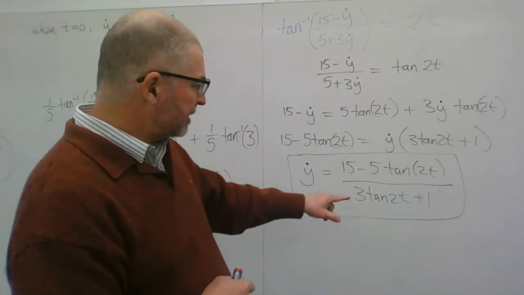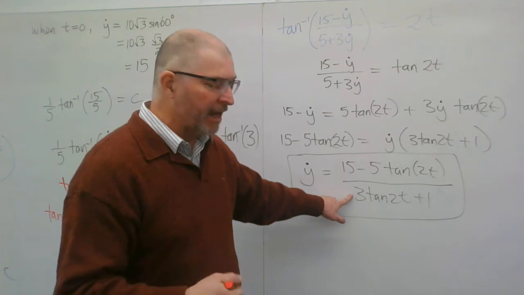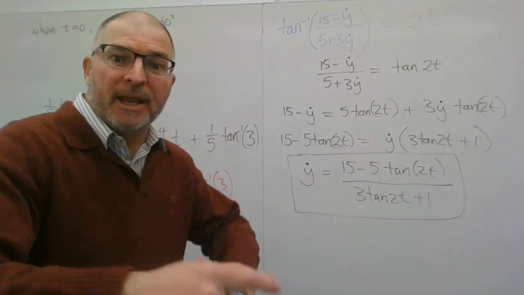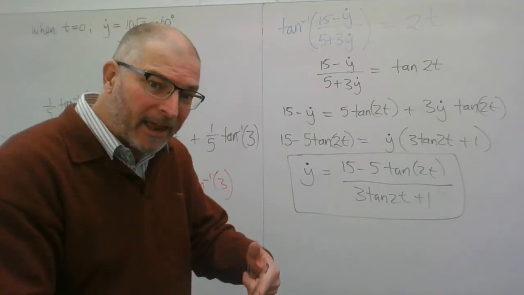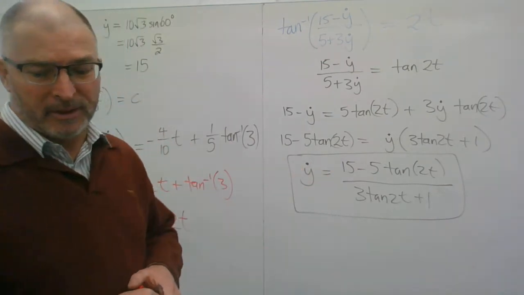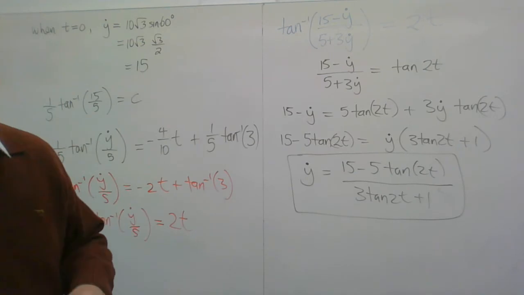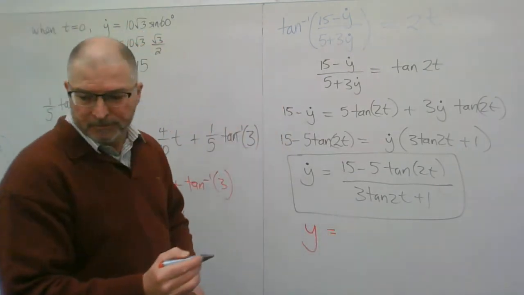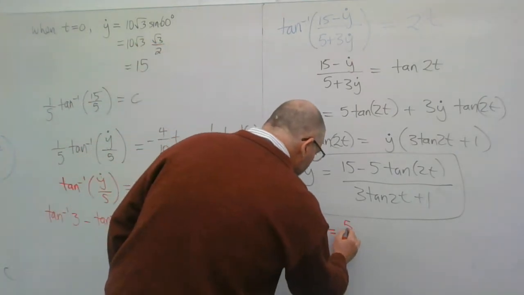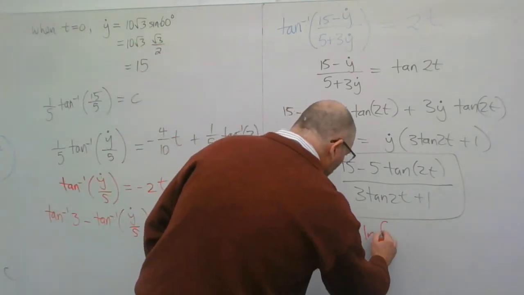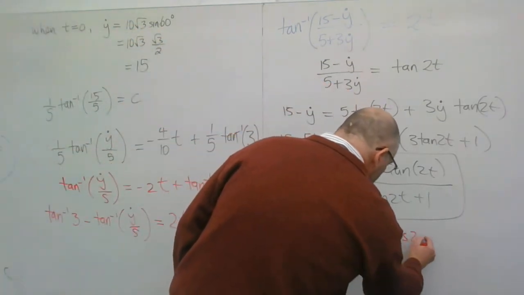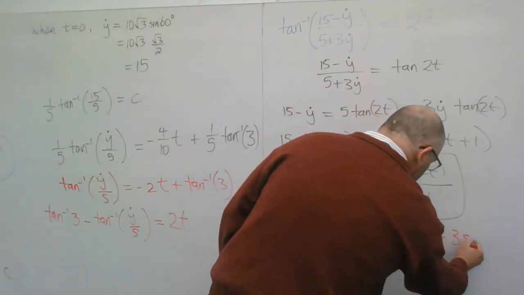I then tried a substitution of u equals 3 tan 2t plus 1, which needed another substitution after that, and I ended up with the appropriate answer. The answer that I ended up with for y was 5 on 2, the natural log of cos 2t plus 3 sine 2t.